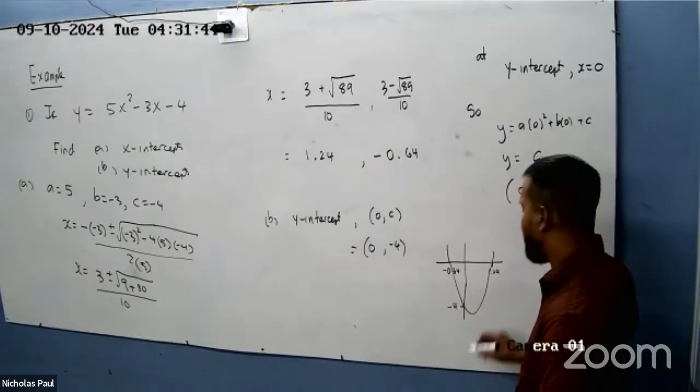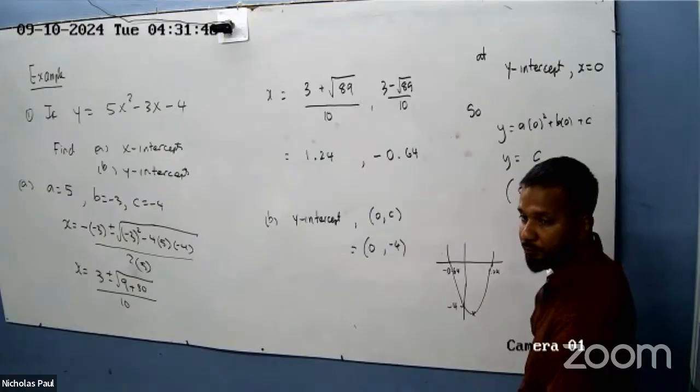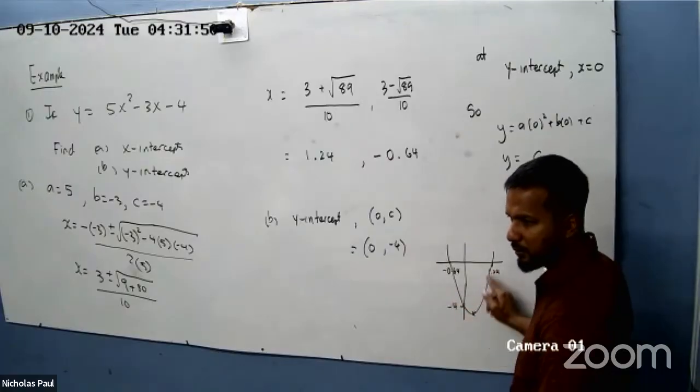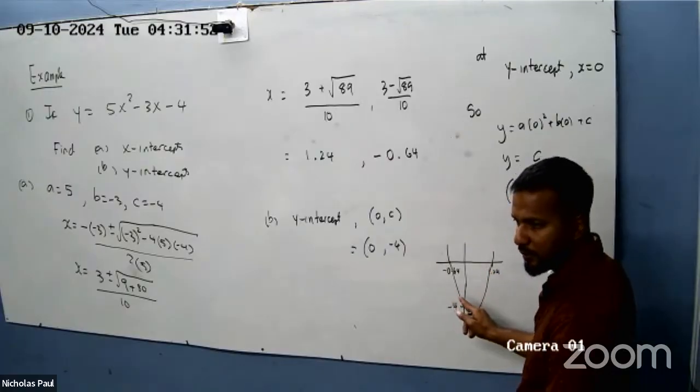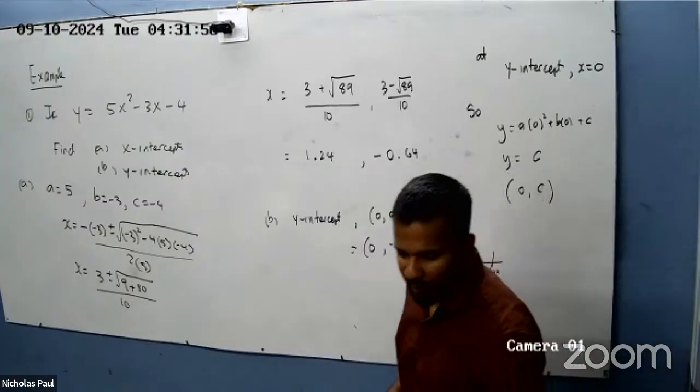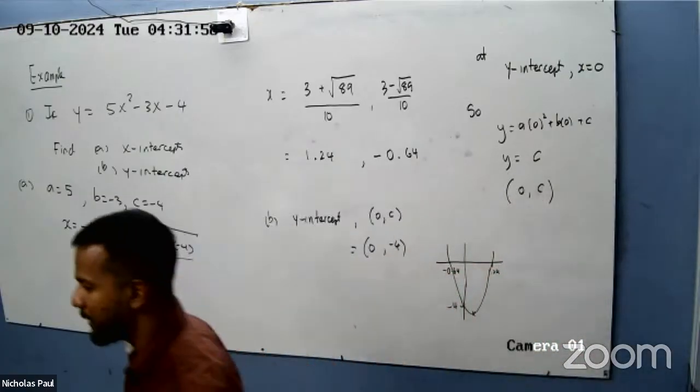Okay, and then we add in the turning point. I want to know it shaped like this. I want to know it shaped like this. That's okay. Copy it down. I want to show you the calculator.